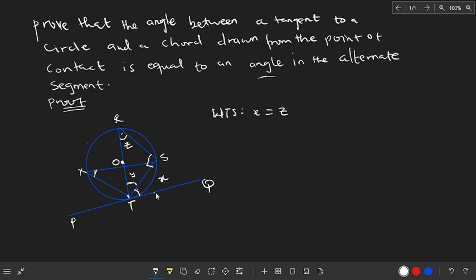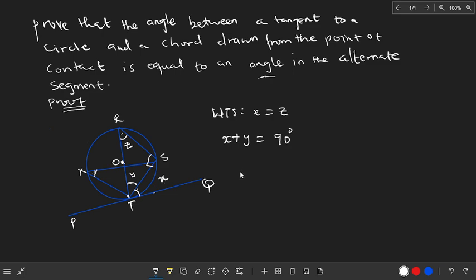Now the angle between a radius and the tangent to a curve is actually 90 degrees. So you see that this radius here is perpendicular to the tangent line, right? So we can say that x plus y is equal to 90 degrees from this point here.